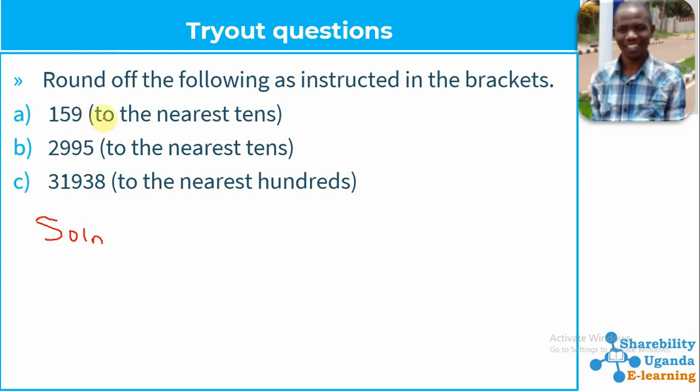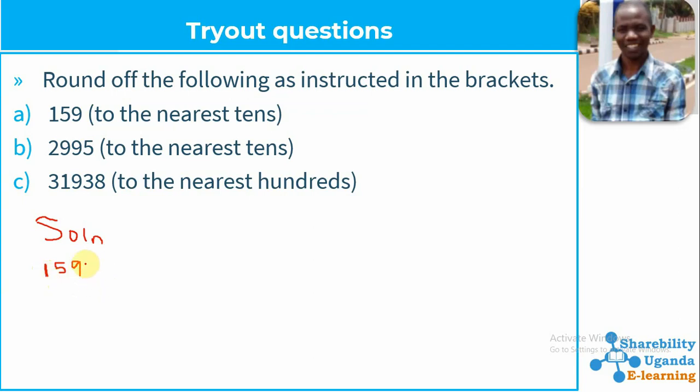We are going to round it off to the nearest tens. So what you do is you write your number which is given, 159. They want us to round off this number to the nearest tens.